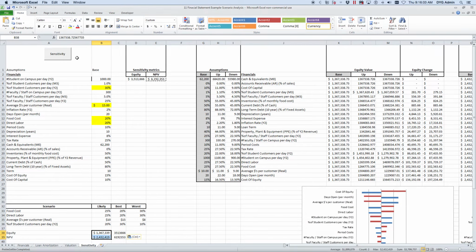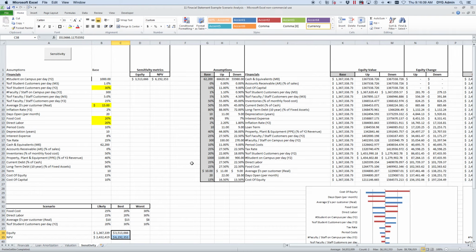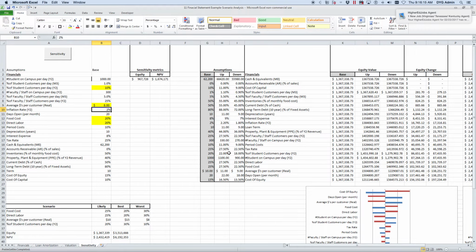Again, we'll format those. And then you go in and you say, 10%, what do we say, $8. Let's call it 30%, 30%, and you just grab your values again.